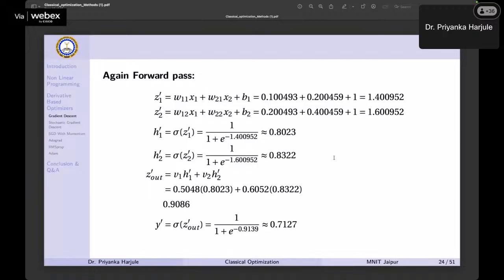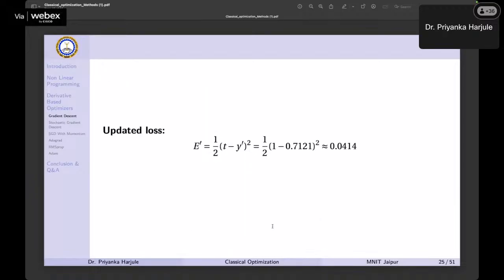And then you again do the forward pass and find your Z1 dash, Z2 dash, H1 dash, H2 dash, and so on. And then you find your Z out dash, and then finally you find your final output that comes out to be 0.71, which is still not close to 1, and this is the error that you get again.